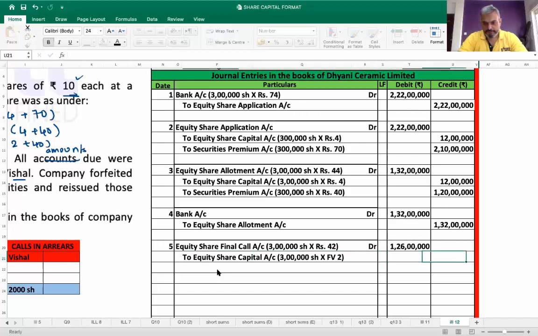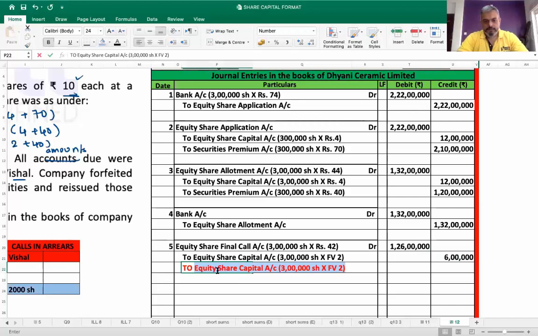Capital always with the face value, so 6 lakh. To securities premium account. 3 lakh shares into rupees 40, 1 crore 20 lakh.